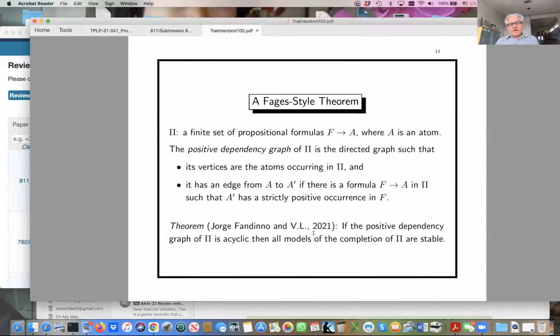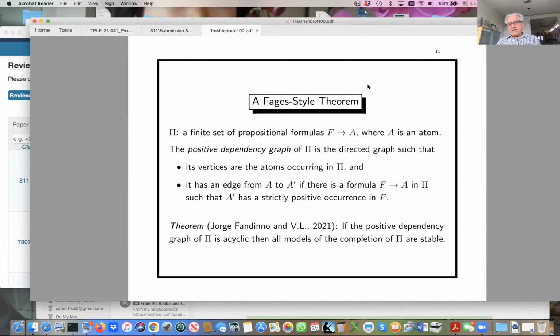So this is what this old 30-year-old theorem by Fages tells us. It describes a condition for sets of formulas where F is of this form, where F is a conjunction of literals. It gives a condition which guarantees this complete match between stable models and models of completion.